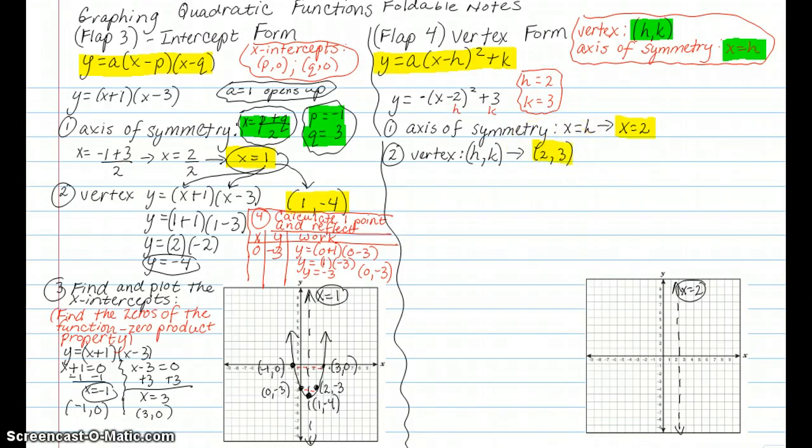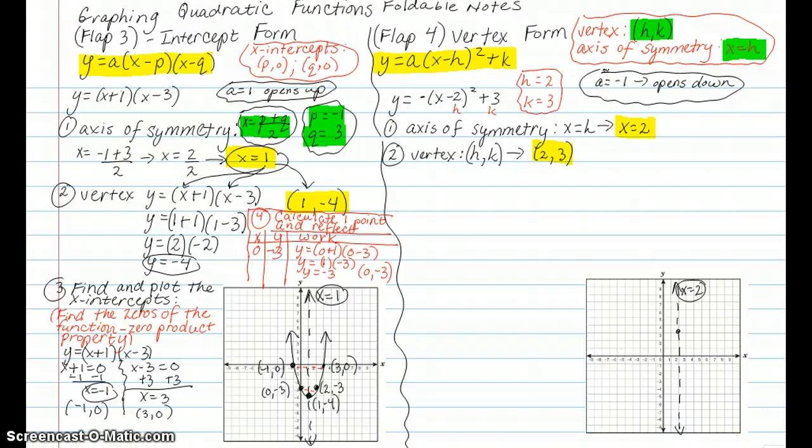There's a vertex. We're going to plot that. We also know that a is negative 1, and so it opens down. So our parabola will be opening down.